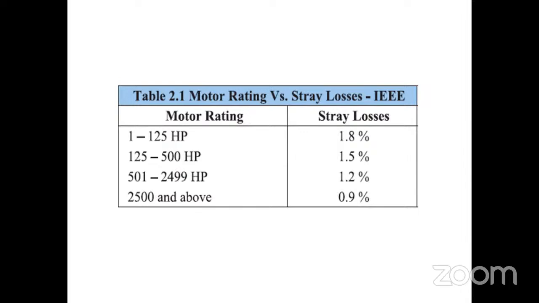But we'll be facing only up to 120 HP motors. So the stray losses will be around 1.8%. So we may have to assume if the data is not given in the question. So please note down, for 120 up to 125 HP, the stray losses will be 1.8% only. Beyond that, 1.5%. Okay, sir.